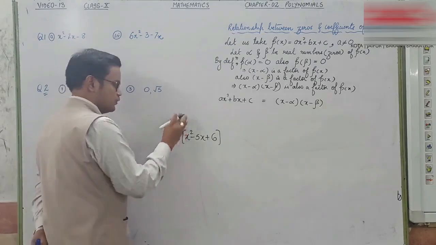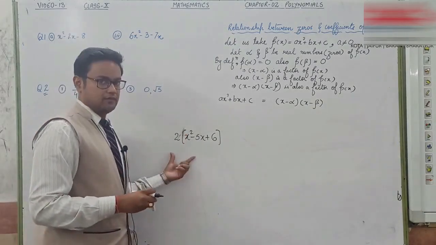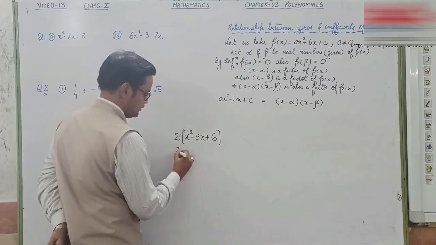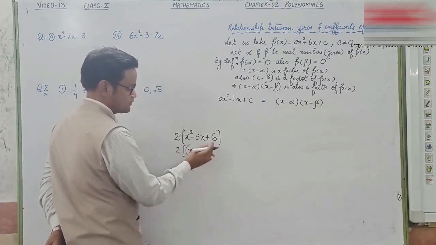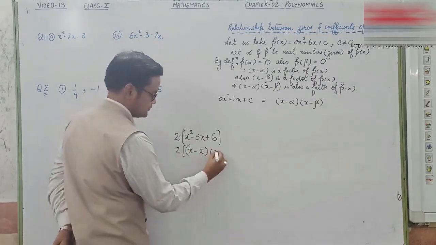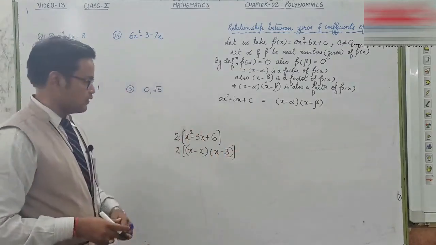This could give me another polynomial. That means on the graph paper, it could depict a different polynomial, a different parabola, but the factors, if you obtain them by splitting the middle term, would remain the same.